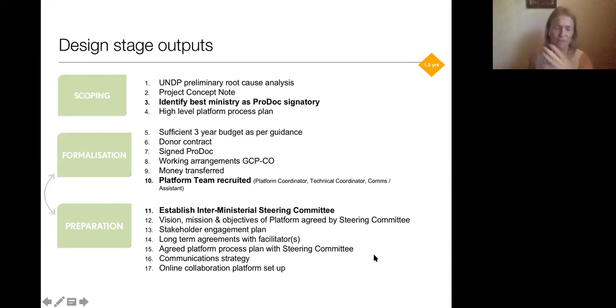And basically what we mean by that is having a place where, it could be like a Google Drive, for example, or a Dropbox or something like that, where you allow the stakeholders involved, or maybe each technical working group has their own folder, so that they can just share information, have access to the reports from workshops, look at the research, look at draft versions of root cause analyses or draft versions of national action plans, have the contact information of the stakeholders that they're working with.